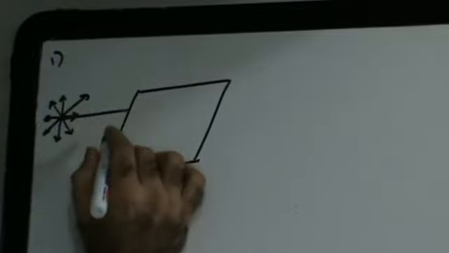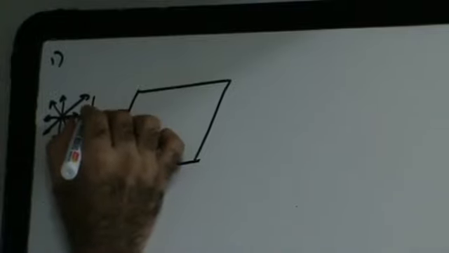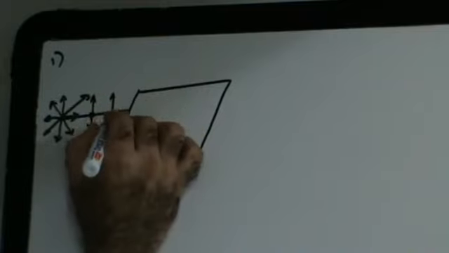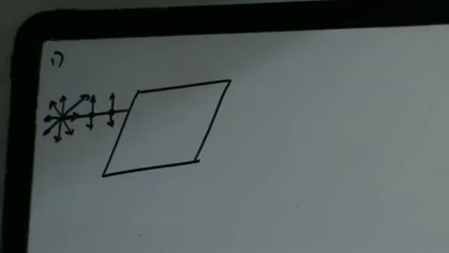This is your calcite crystal. So this is how the ray of light is moving, in all the directions. Now when it passes through the calcite crystal, it splits into two. You have double refraction taking place.